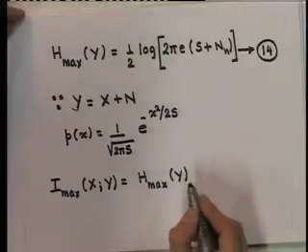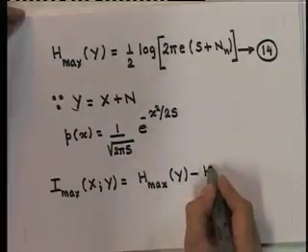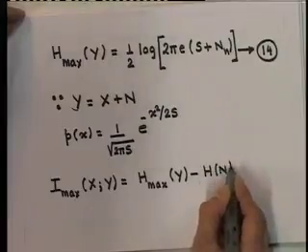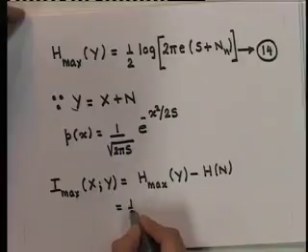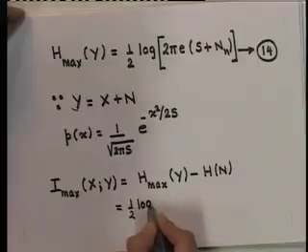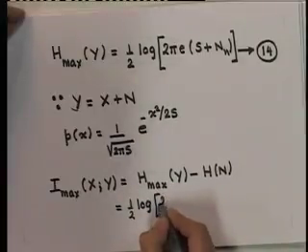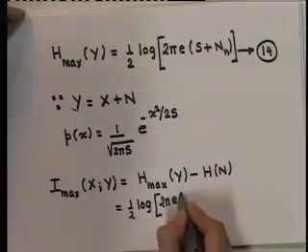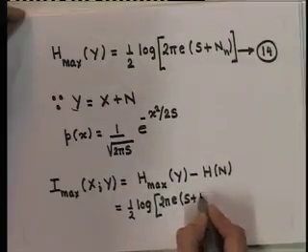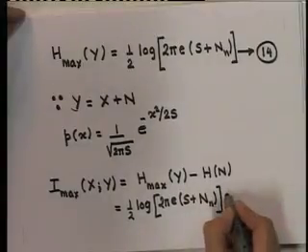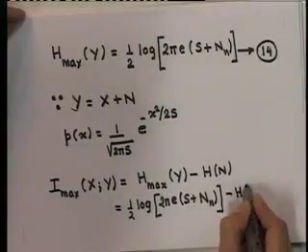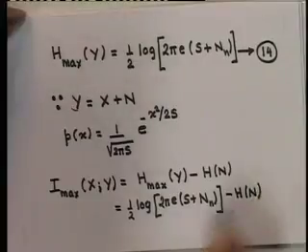H max y minus H n is equal to half log 2 pi e (S plus N_n) minus entropy of the noise.